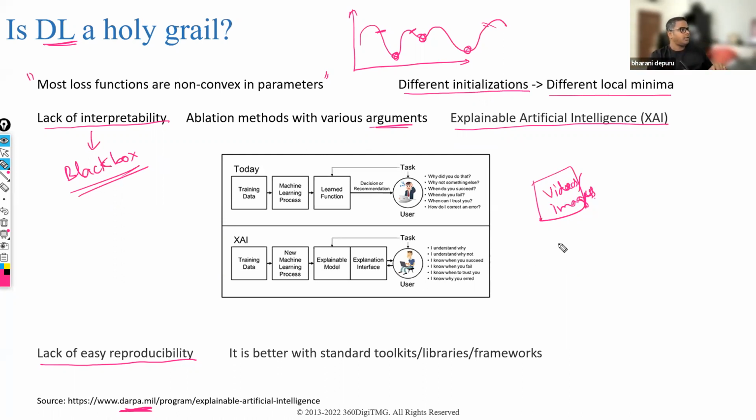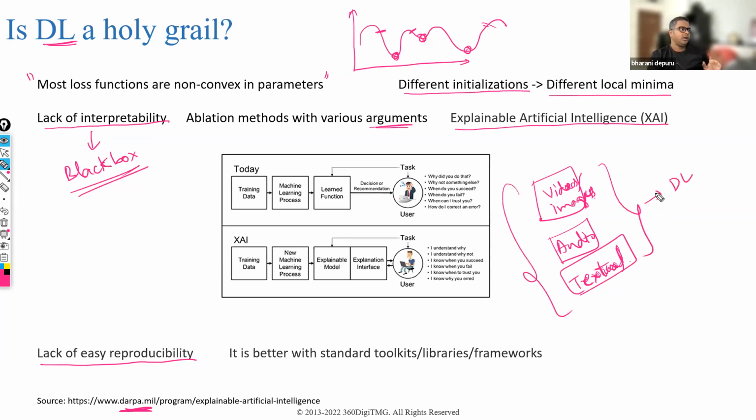And then you'll have audio files, you'll have textual data. No matter what data you have, if you use a deep learning algorithm, it will learn the features.